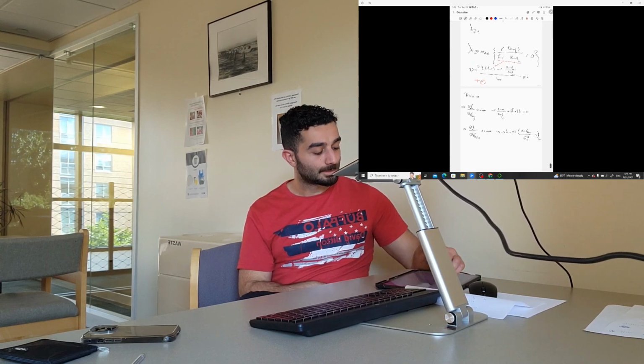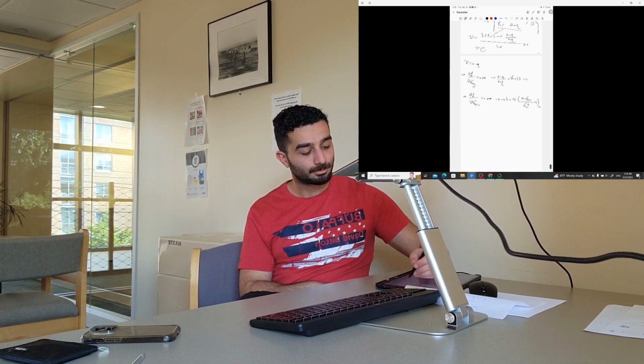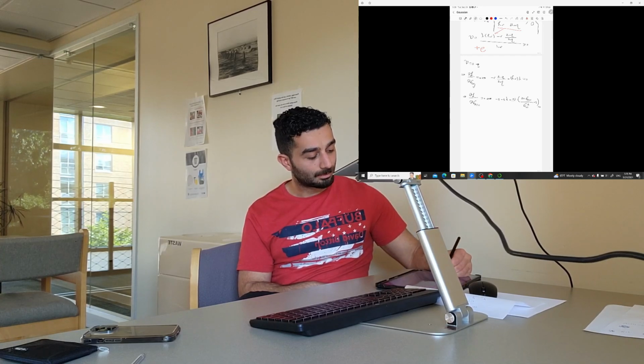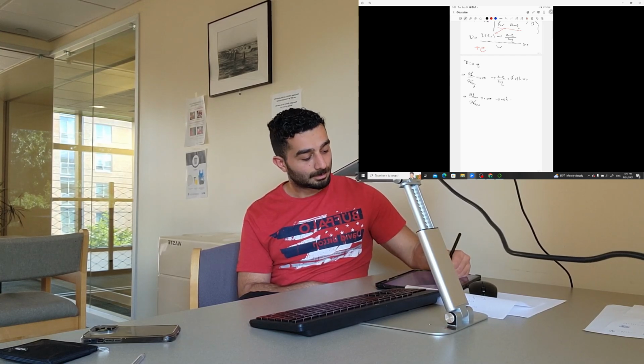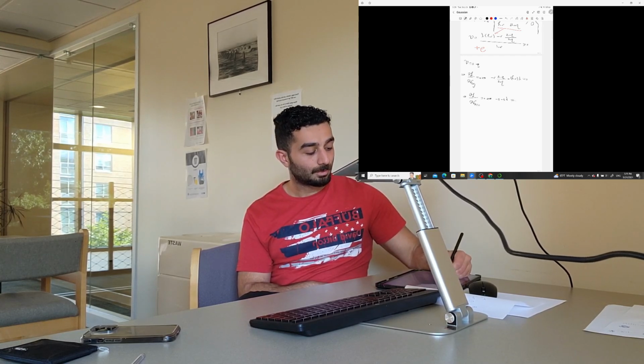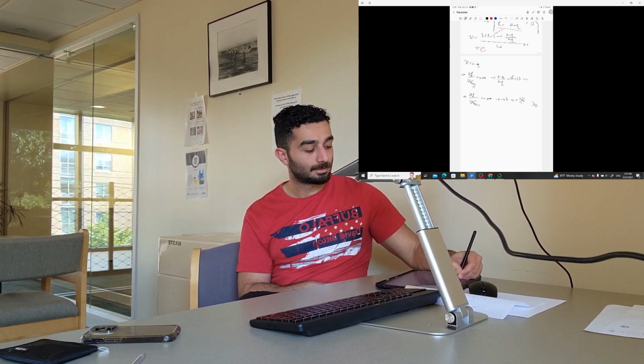Then nu is 0. This second one will turn out to this one, equals this. But this one cannot be 0. Why? Because lambda is non-negative.